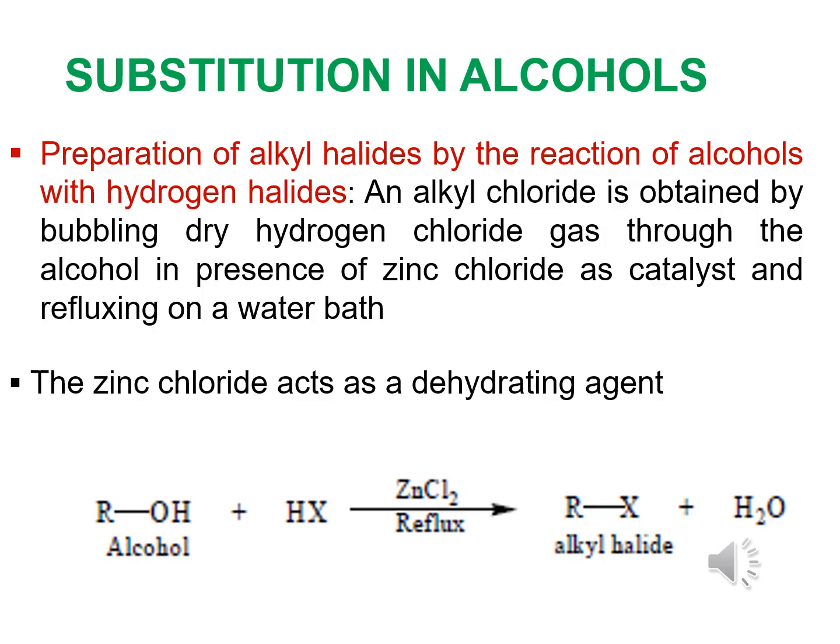Lucas reagent is concentrated hydrogen chloride with concentrated zinc chloride. The zinc chloride is acting as a catalyst, which is a dehydrating agent. In that case, the hydroxyl nucleophile will be replaced with halide to form alkyl halide, and water will be taken away by zinc chloride, which is a dehydrating agent.